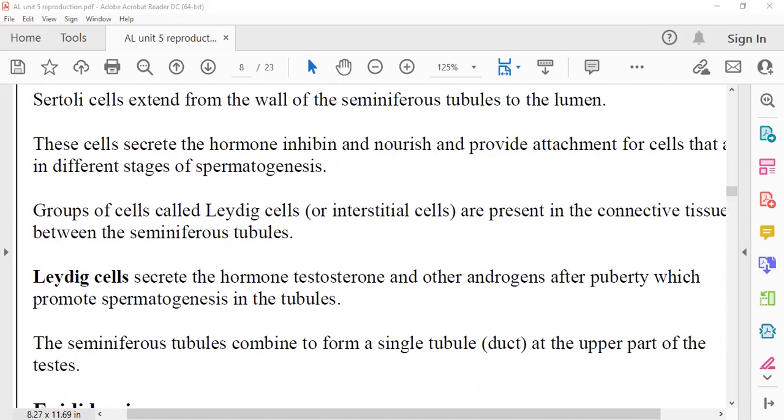It is a kind of steroid hormone-like structure. At the same time, you must have seen in some girls, have you seen a mustache growing? Yes, sir. Those things are due to androgens. Understood? Yes, sir. Clear, sir.